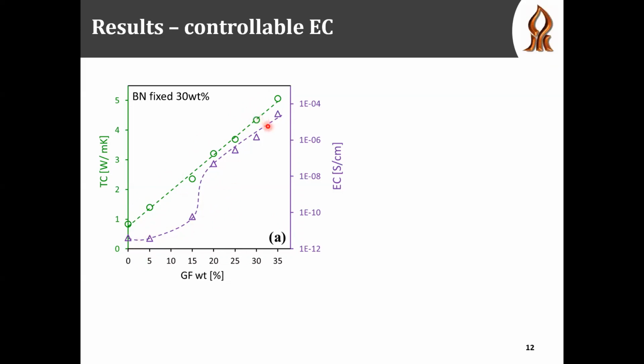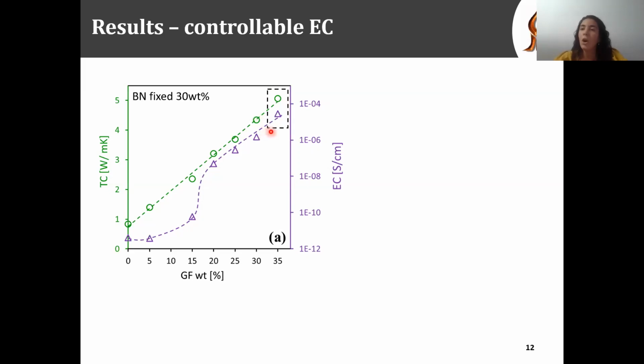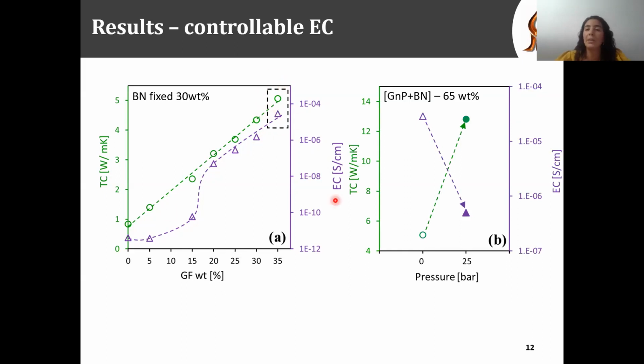Therefore, we want to examine the effect of the compression on the controllable system. So we took the composite that contained TFC of 65 weight %, and you can see that under pressure of only 25 bar, we succeed to enhance the thermal conductivity to 12 watt per meter Kelvin compared to only 5 before, and reduce the electrical conductivity by 2 orders of magnitude, which is very impressive.